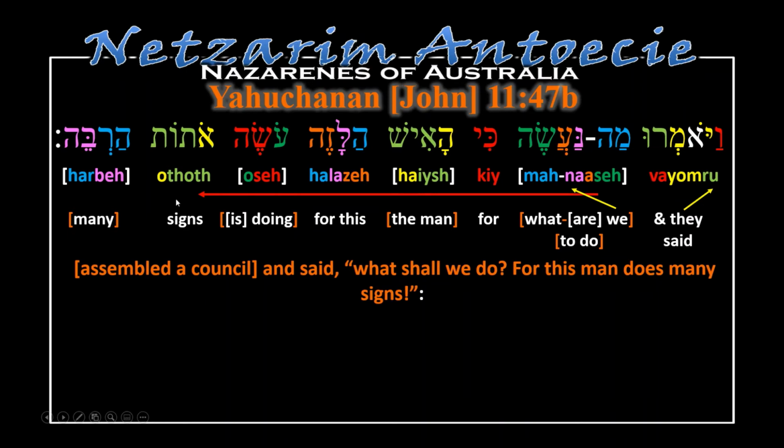Otot. And we know that ot means a sign, so otot is signs. Harbeh. And we know that the word here, rav, means much or many. So therefore it means many signs. They assembled a council, Sanhedrin, and said, what shall we do? For this man does many signs.